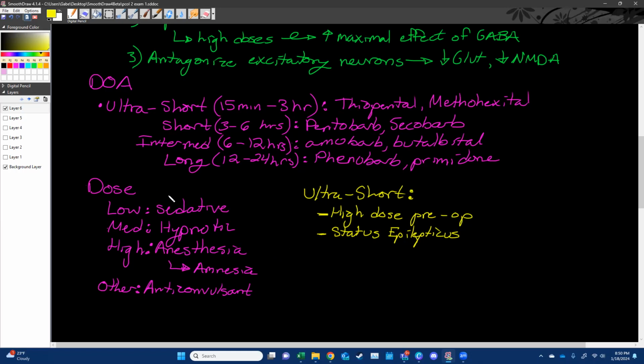And maybe we're going to use methohexital or thiopental because we need to get the drug in them, but we need to stop the drug to see if the seizure will stop on its own, right? If we hit them with a long-acting drug like phenobarb, oh, great, we put phenobarbital in them, and then in the middle of the night, now all of a sudden they're having a seizure again because we didn't check to make sure that we solved the issue.